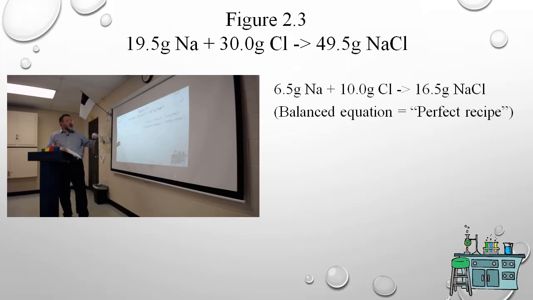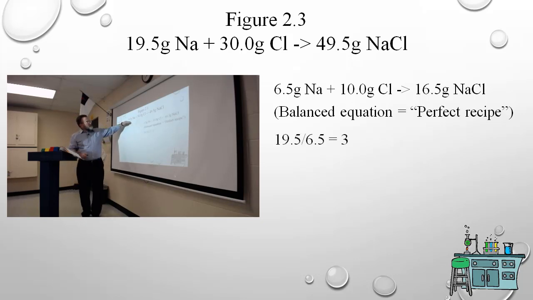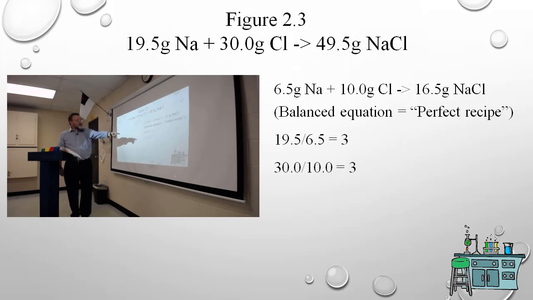But look, here's why. If this is the perfect balanced recipe from before, if I have 19.5 grams, and in my perfect recipe it was 6.5 grams, do you see that I've got a multiple of 3? And then 30 is what? It's 3 times 10.